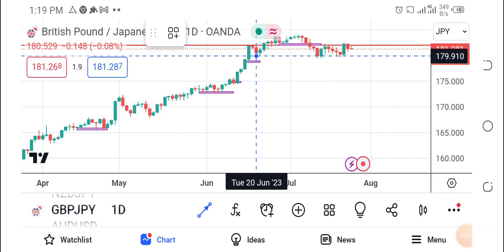Yes, whenever price reaches that point, it will normally tend to retest and continue its movement upwards. Whenever price reaches 179.77 to 179.50, price will tend to make a retest upwards, and so we are not going to go aggressively on taking our sell trade.